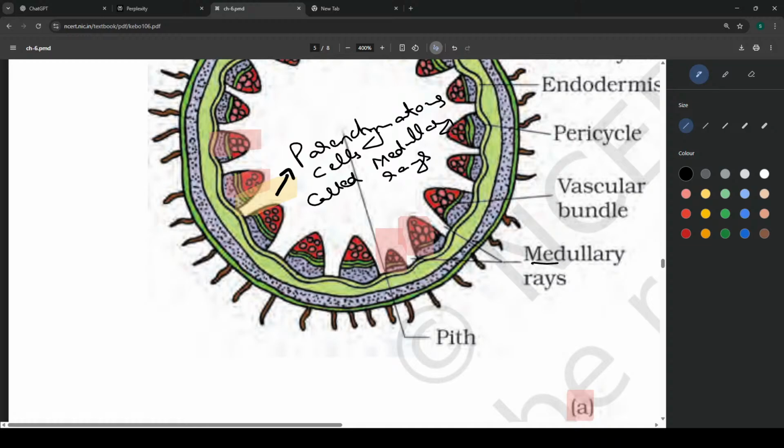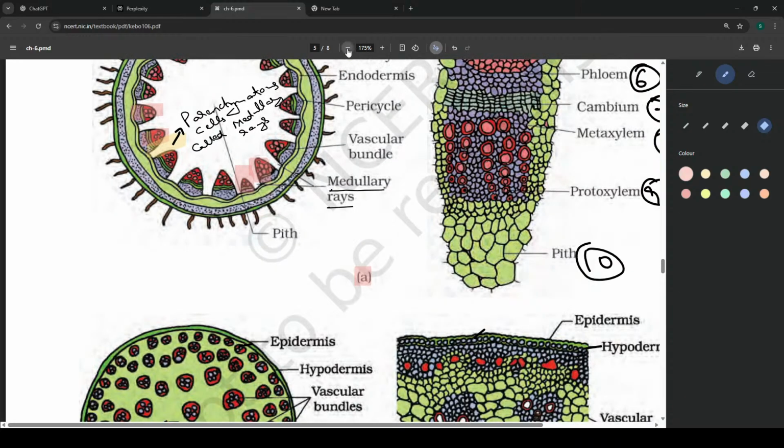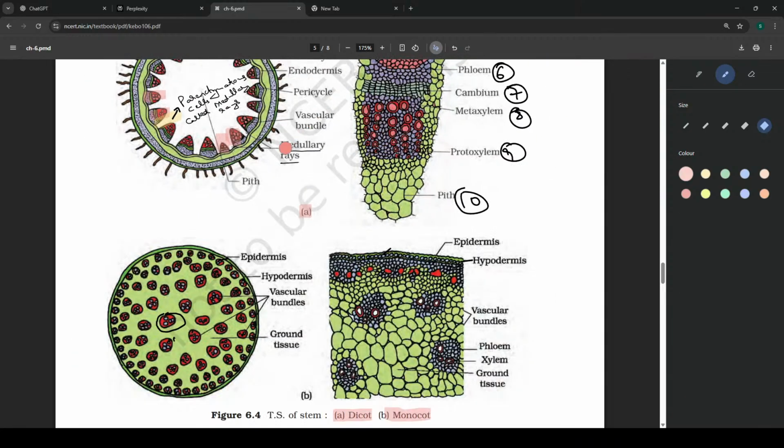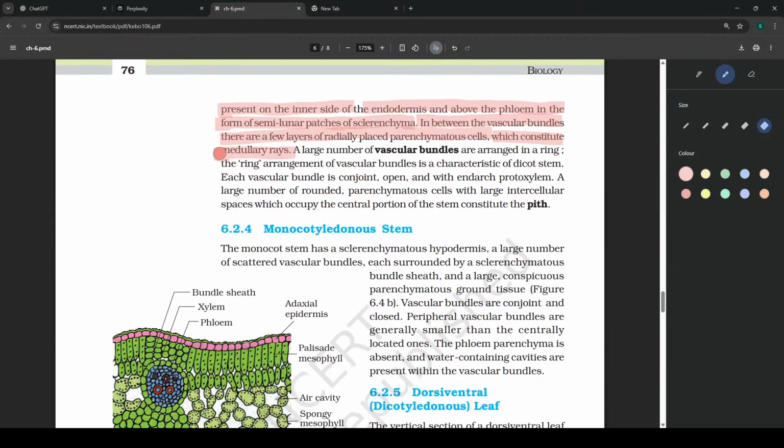Here, if we see, medullary rays are made up of parenchyma cells. In between the vascular bundles, there are a few layers of radially placed parenchymatous cells which constitute the medullary rays.